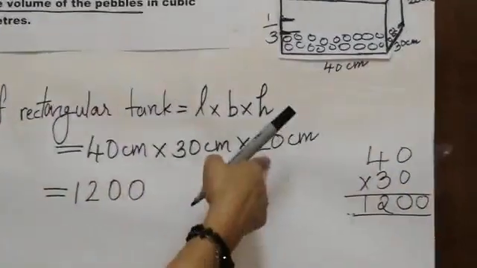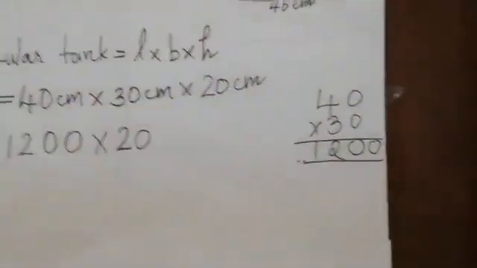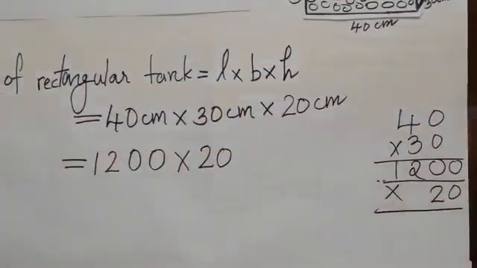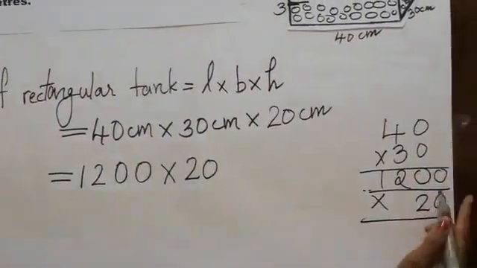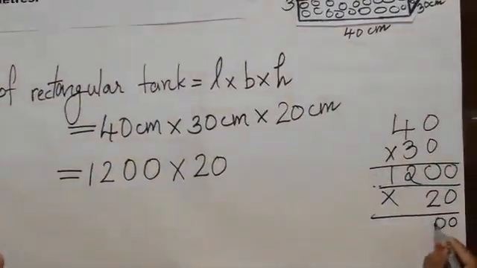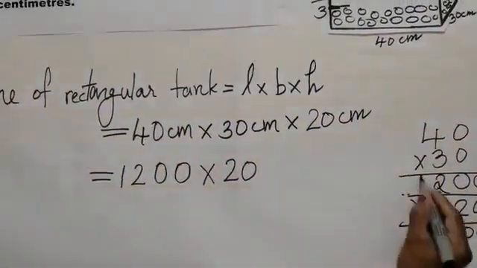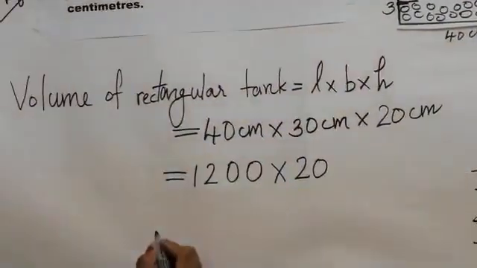Now we want to multiply with the height also. Multiplied by 20. So here, when you multiply, just count how many zeros are there. 3. Then multiply with the number. 2 2s are 4. 2 1s are 2. Now we got the answer.